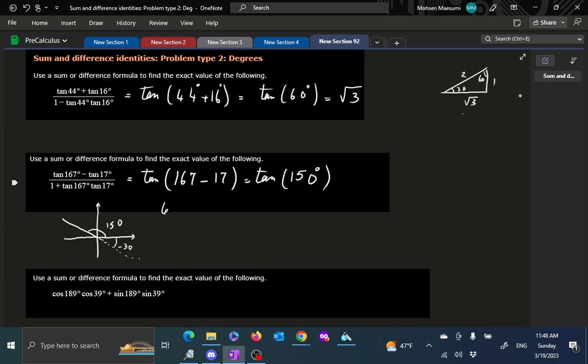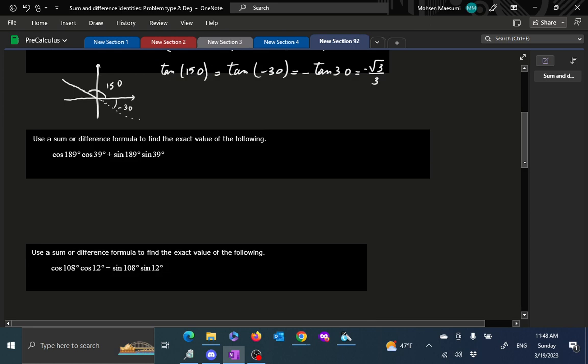So tangent of 150 is equal to tangent of minus 30, which is same as minus tangent of 30. And tangent of 30 I know is ratio of opposite to adjacent, 1 over radical 3 or radical 3 over 3. So this turns out to be minus radical 3 over 3.